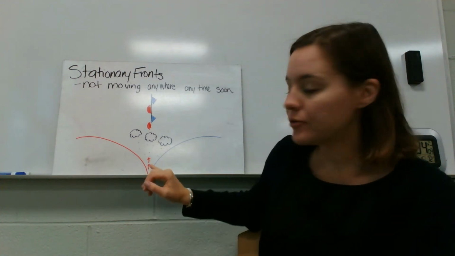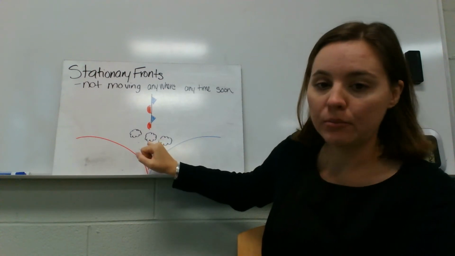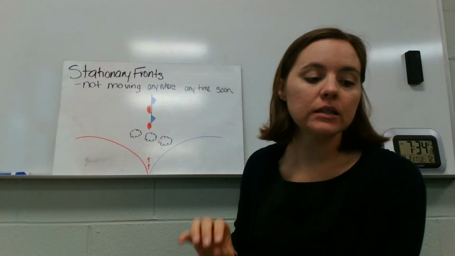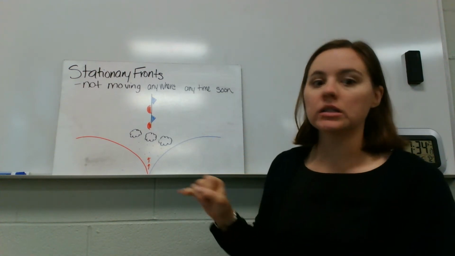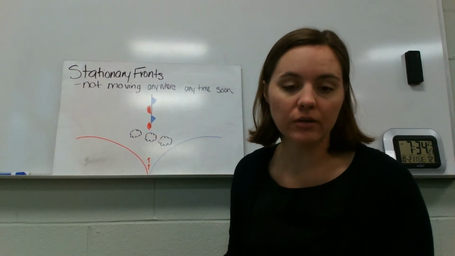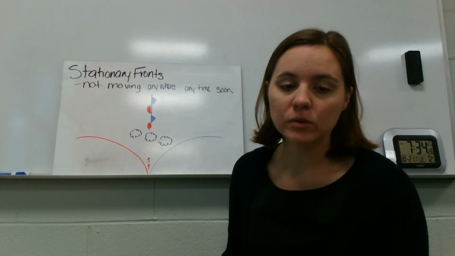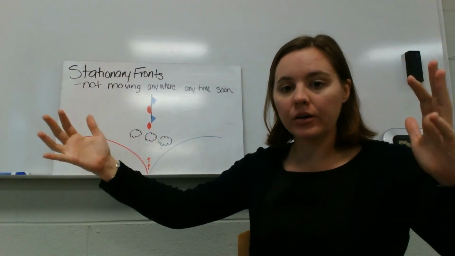So at the boundary, we have a little tiny bit of warm air rising up, and as it rises, it cools, the water vapor condenses, turns into little bitty clouds. So we have really long periods of cloud cover and drizzle for a very long time. So it's very light precipitation, but for a very extended period of time.